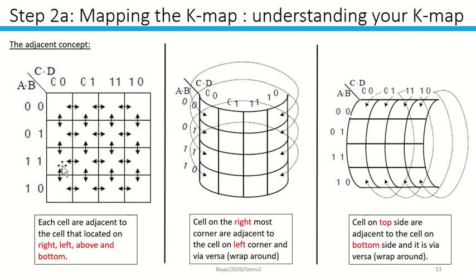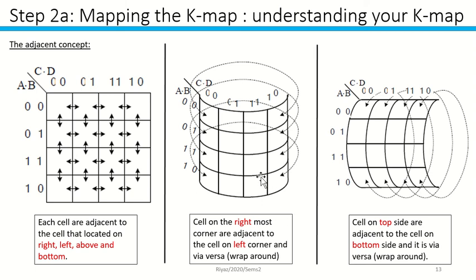Okay, step 2, the rule is to map the K-map. You need to understand how the adjoint concept works. For example, when you have a 4 input K-map, each of the tiles is connected to the others. When you choose a tile, on your left, on your bottom, on your top, on your right, all of these are connected to each other.